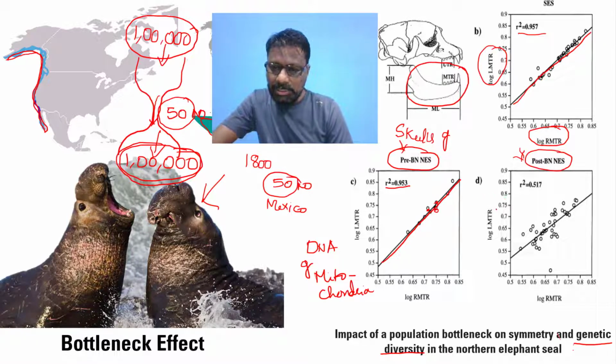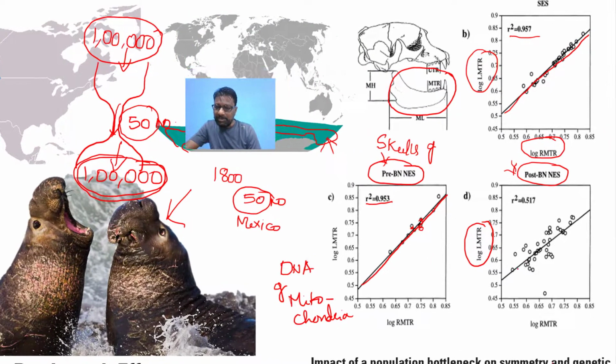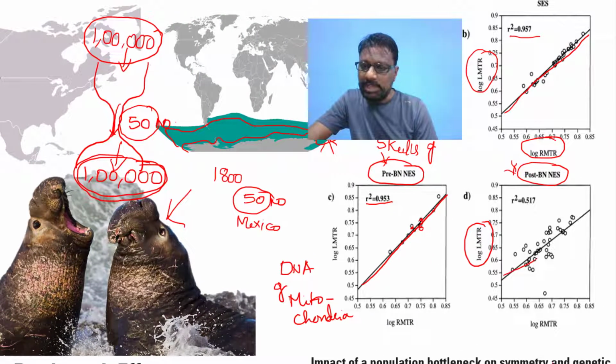Similarly, when we look at the post-bottleneck northern elephant seal and compare the symmetry of the right and left mandibular distance, they are distributed unevenly in a linear fashion.